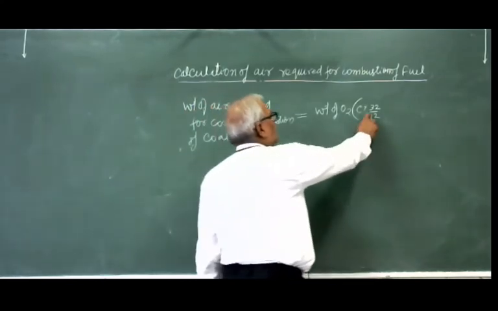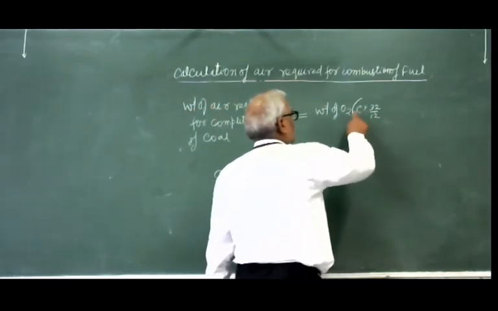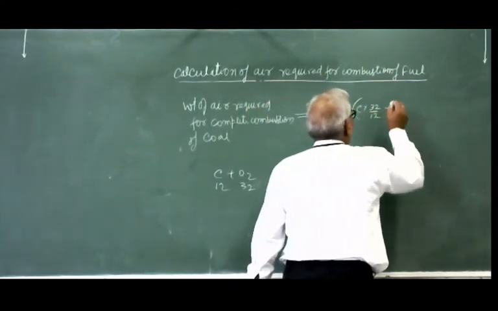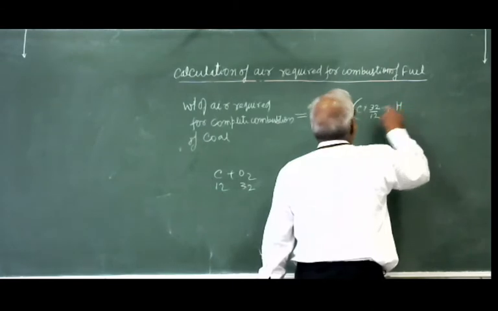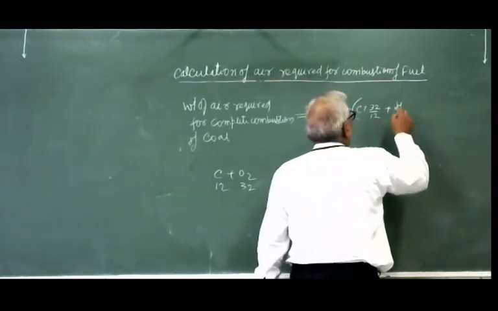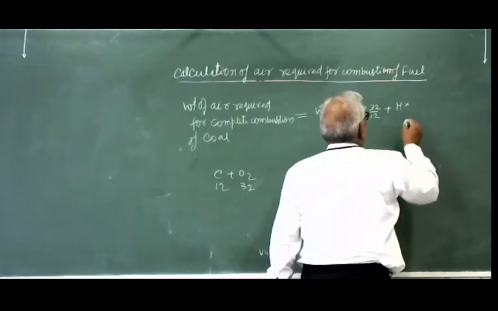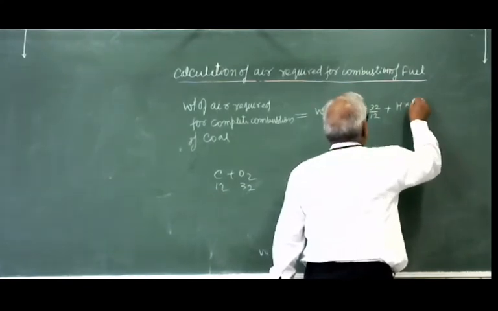So here we have to put the amount of the carbon. So carbon into 32 by 12 plus weight of hydrogen into 16.